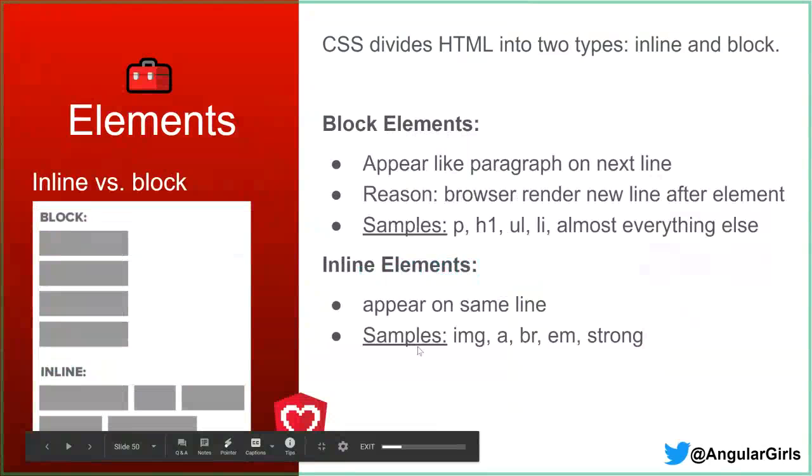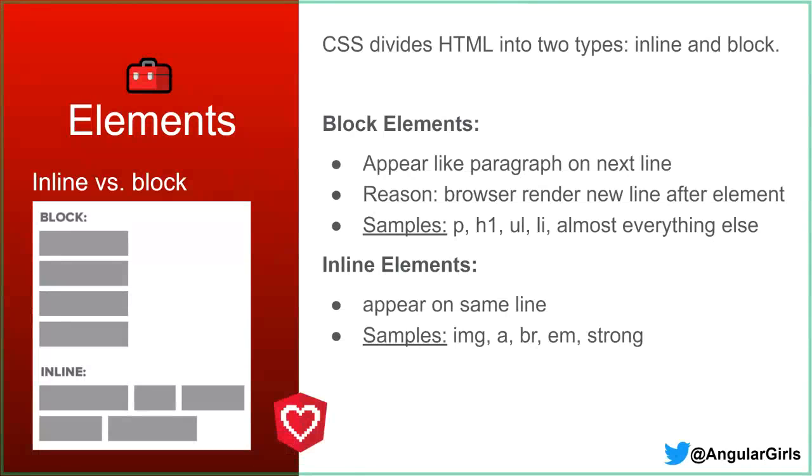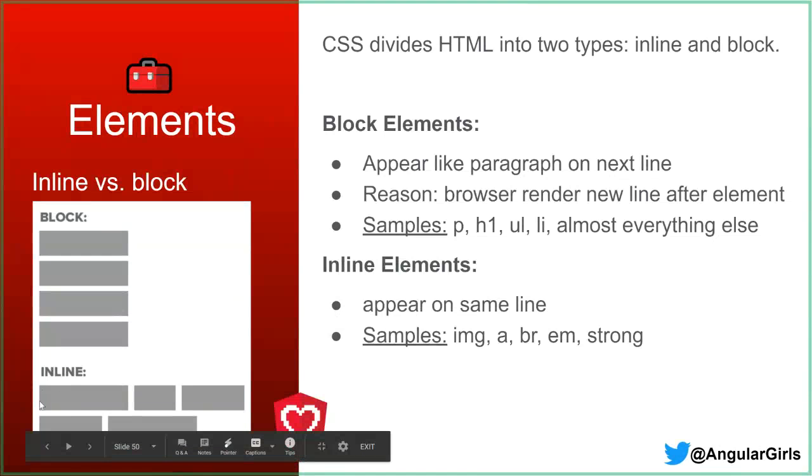Then in HTML we have a thing called inline and block elements. A block element always starts with a new paragraph or a new line, and an inline element is in between. So you see also here in the slide, you have one element, then you have the next element, and so on.